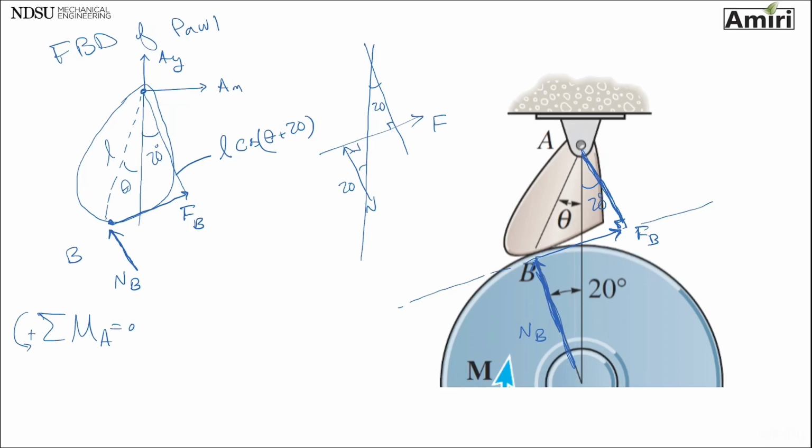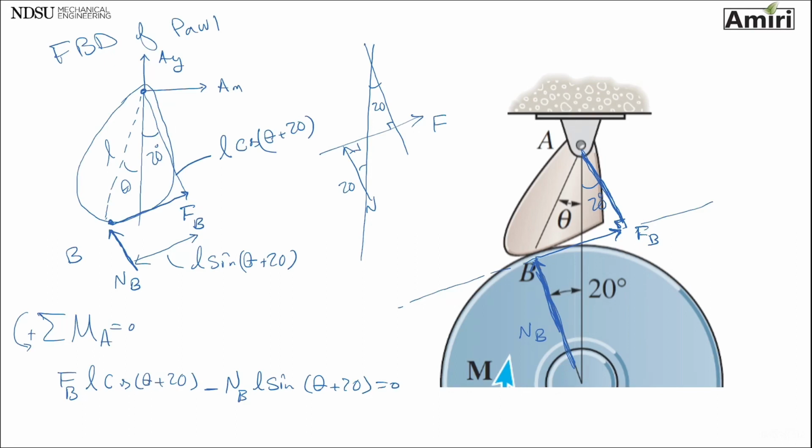And this length is going to be L sine theta plus 20. So the summation of moments, I have FB L cosine theta plus 20 should be equal to, or if I want to go based on my sign, is NB L sine theta plus 20 equals 0. I'm sure by now you all know what I'm going for here.